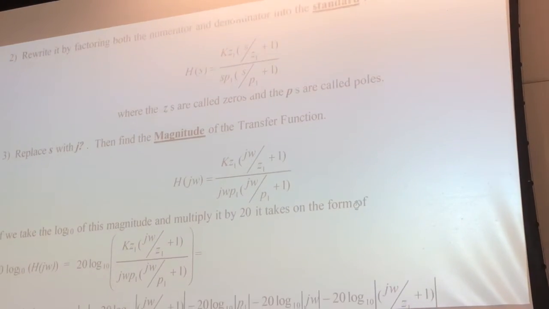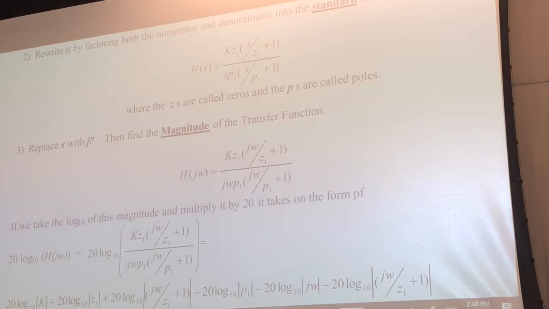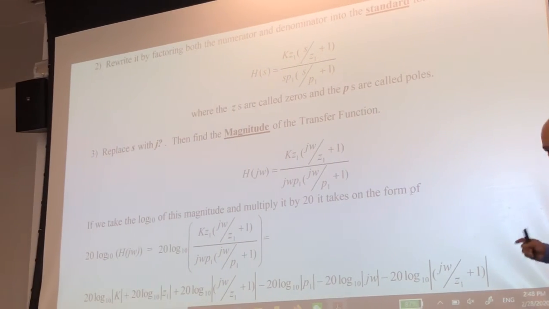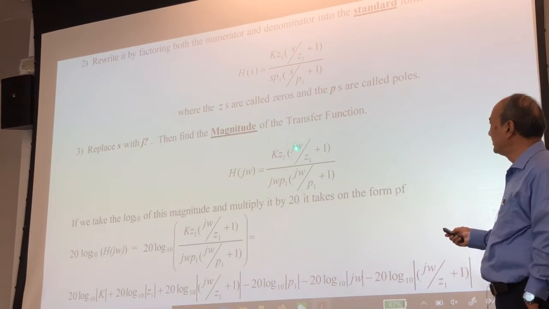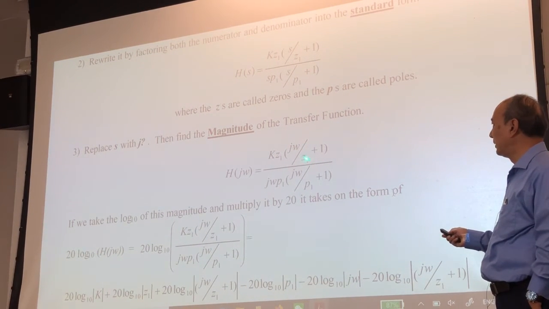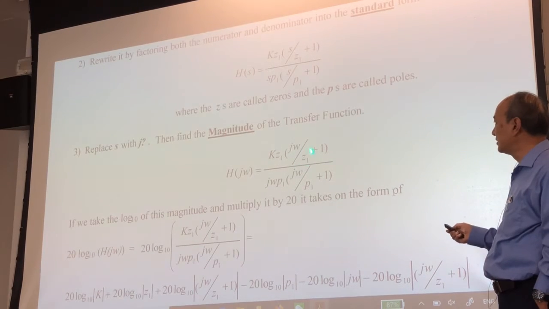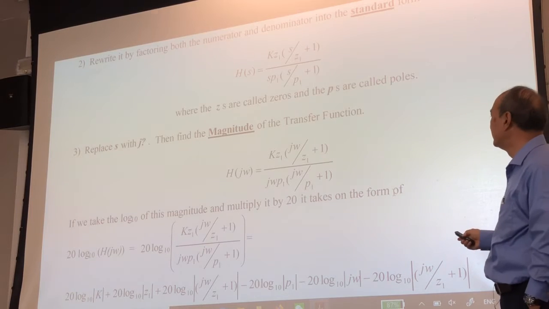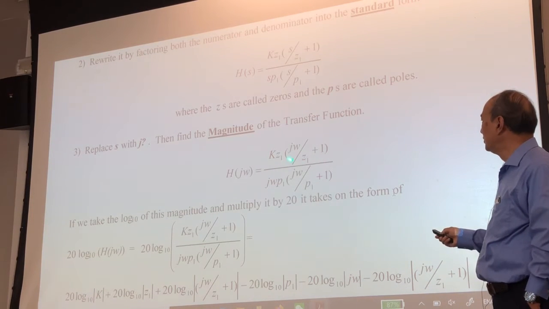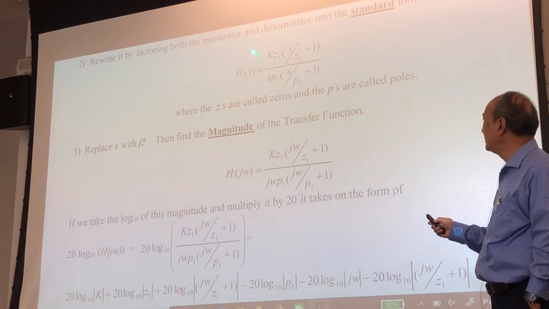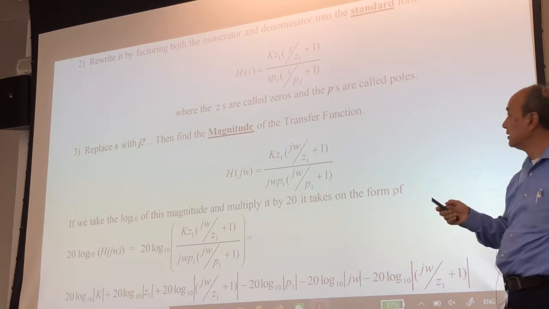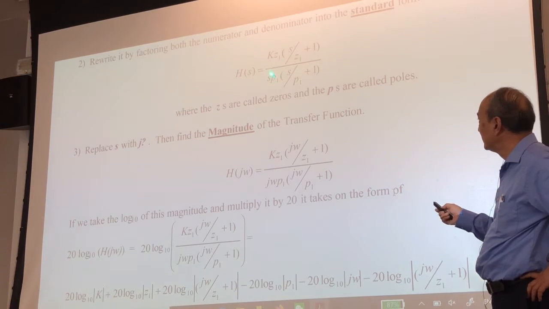What we do is the standard form: we divide s, which is j omega, by omega, so it is unitless, dimensionless. You move the zero and pole outside, so you always have 1 plus something.